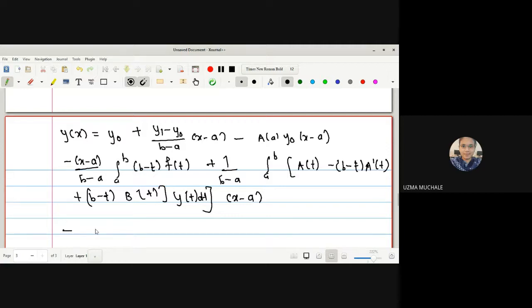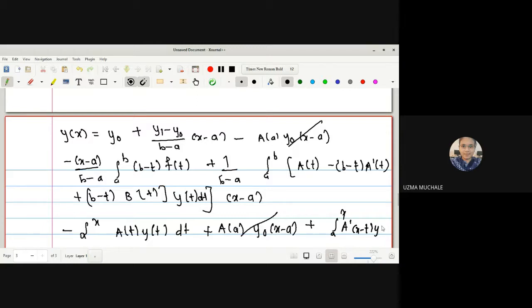Okay, what is the next term we have? Now it is a to x, A of t y of t dt plus A of a y naught into x minus a. Now this term will get cancelled with this plus or minus. So what is the next term? a to x, A dash of t, x minus t, y of t dt.